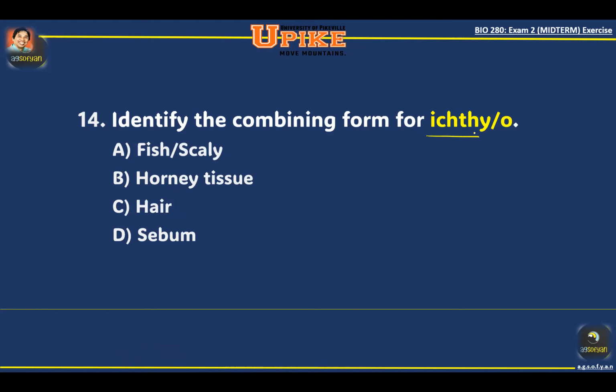There is a science called ichthyology, which is learning about fish. So ichthyo means fish, and fish have scales. Like this is a fish, then they have the scale. So it could be fish or scaly.